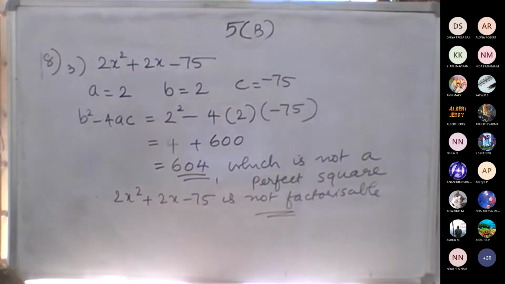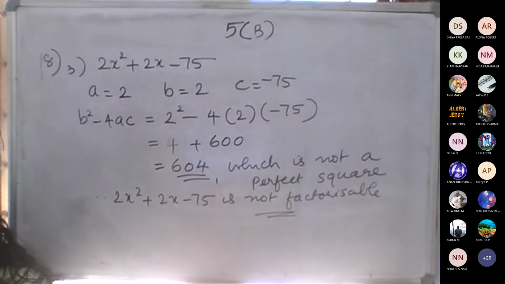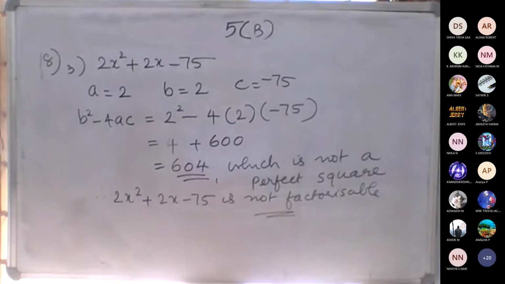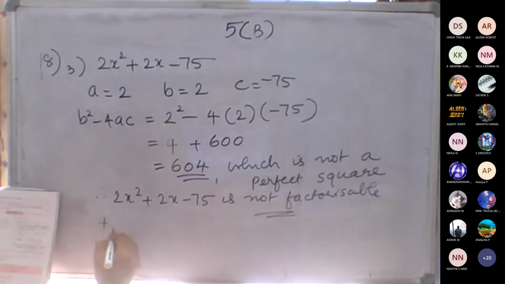Can you do that as homework, the fourth and fifth one? That is easy, no? So we can do the 19th one. Factorize. That is better. Fourth and fifth you can do as homework.